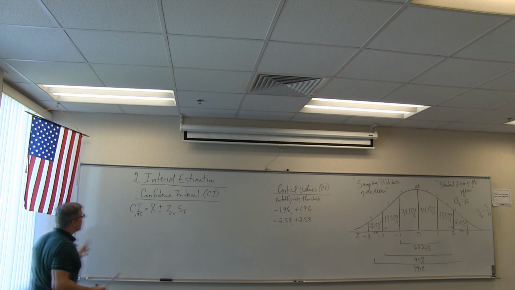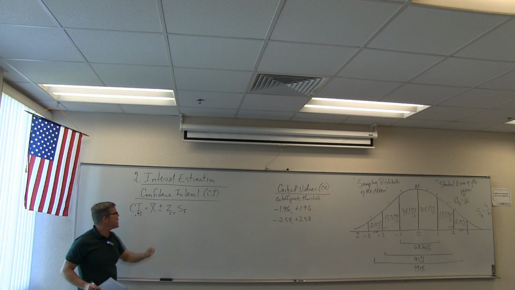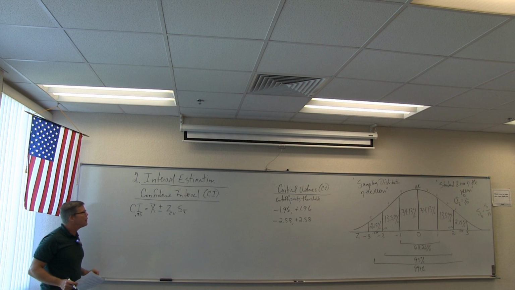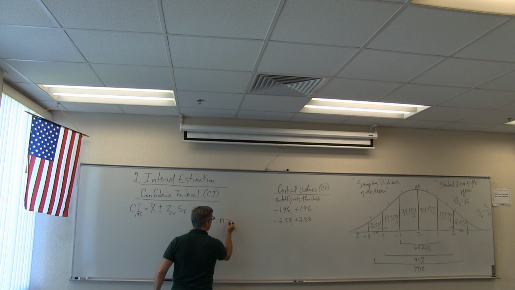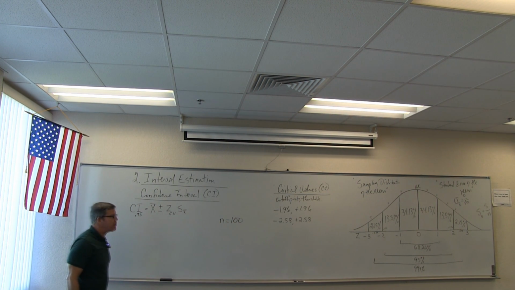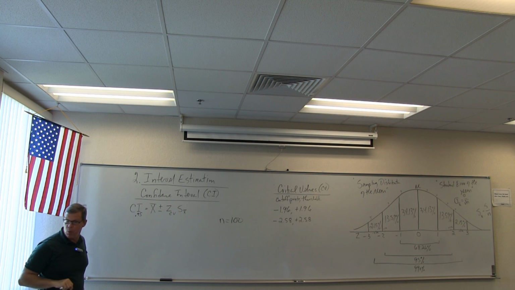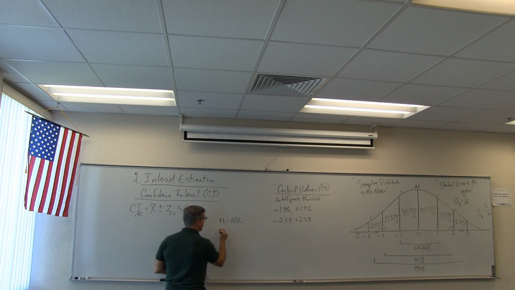The 95% confidence interval is the mean plus or minus z critical value times the standard error of the mean. Let's see how this all works. It's very simple, actually. Don't complicate this stuff. Let's suppose we randomly select one sample of 100, and we compute a mean.